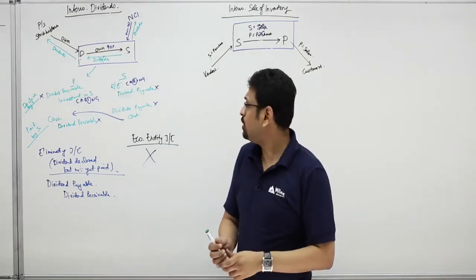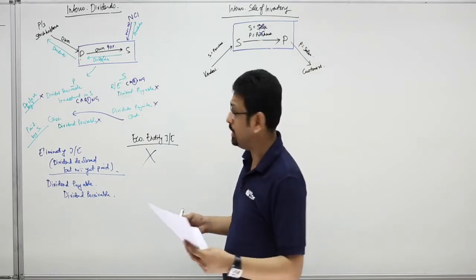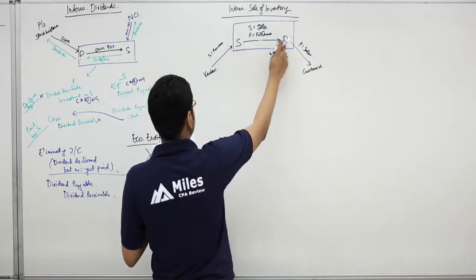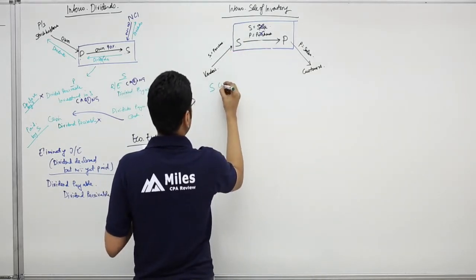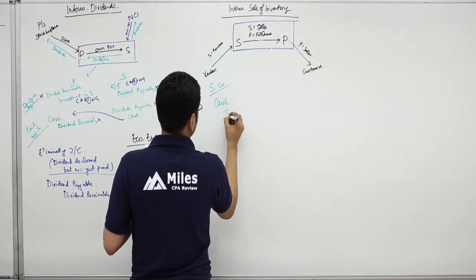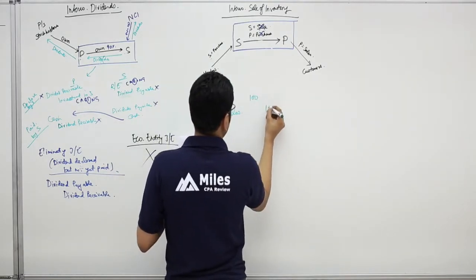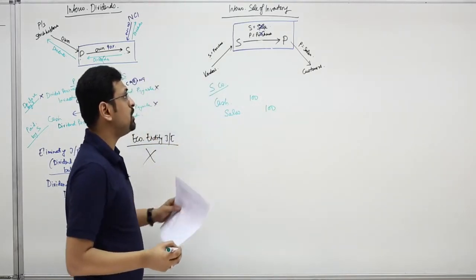So first, let's look at the journal entries that we're going to have on the books of the P company and the S company. So the S company, they're making the sale here. And the sale is happening for cash. So it's cash to sales $100. And it's 20% profit on sales.